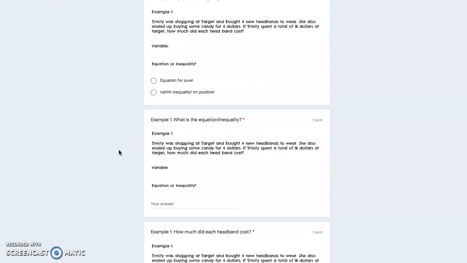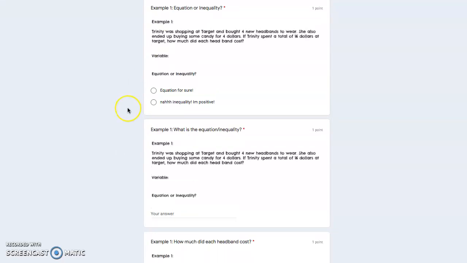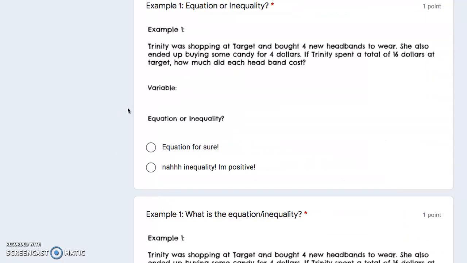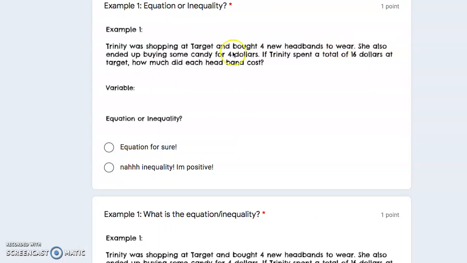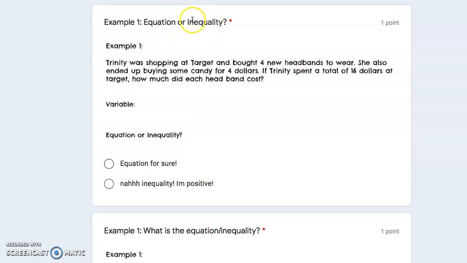We're going to look at example 1. Example 1 says Trinity was shopping at Target and bought 4 new headbands to wear. She also ended up buying some candy for $4. If Trinity spent a total of $16 at Target, how much did each headband cost? First thing, we're going to determine, is this an equation or an inequality?